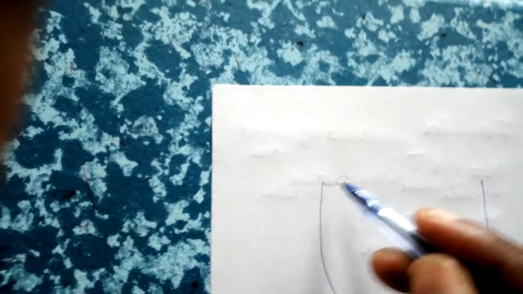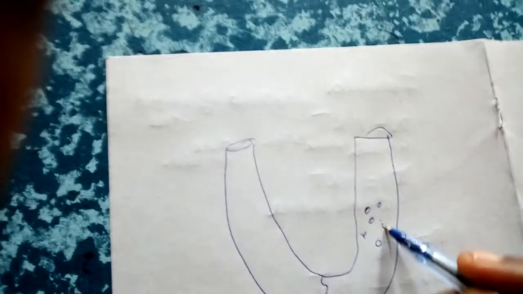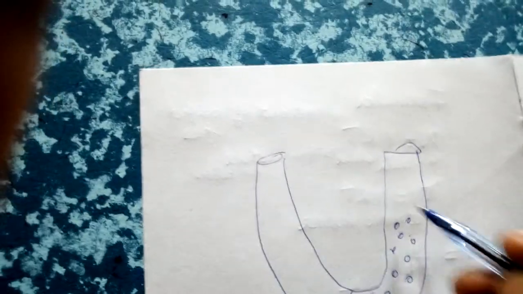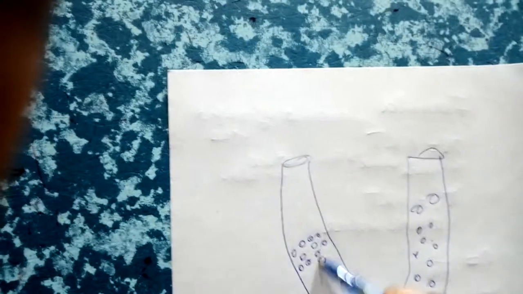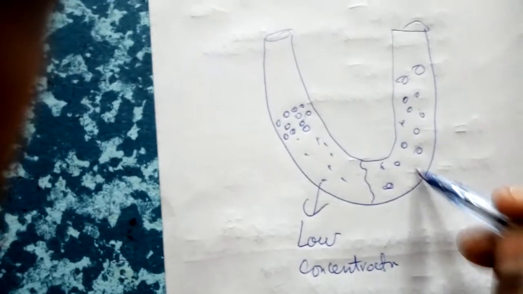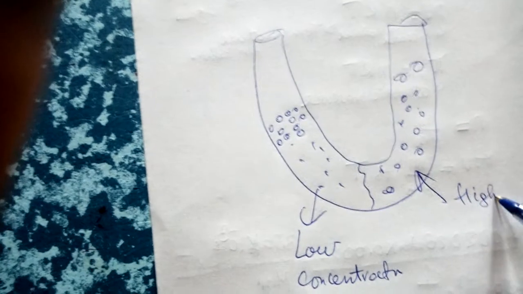What we have to add here is that in osmotic pressure we have a U-tube, and in that U-tube there is a semi-permeable membrane. Here there are solutes at high concentration, and on the other side there is low concentration.